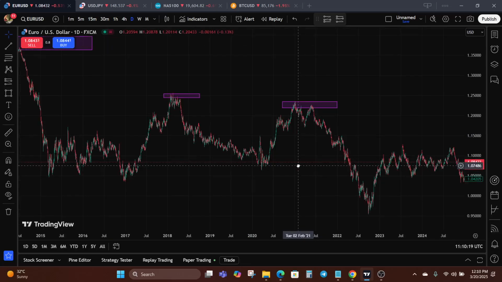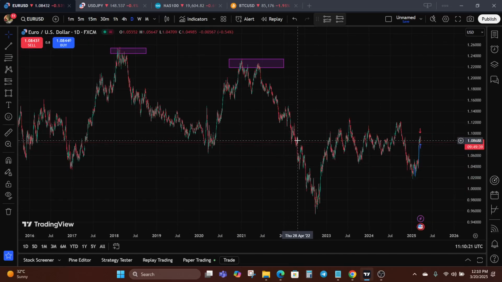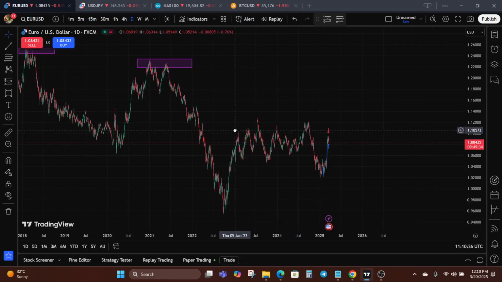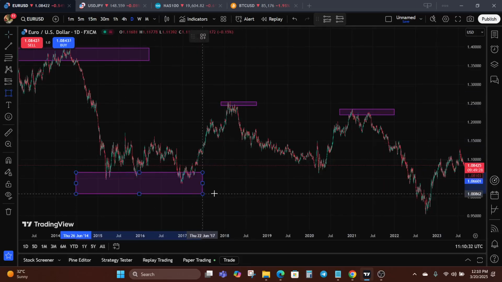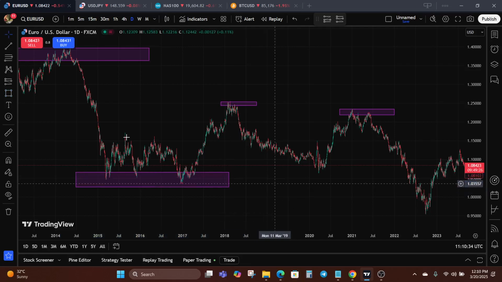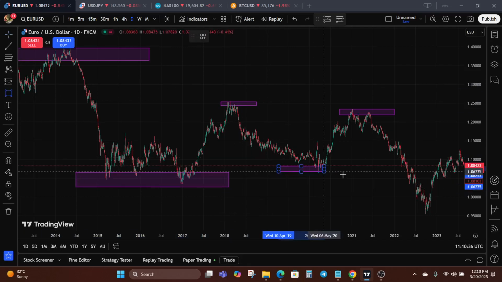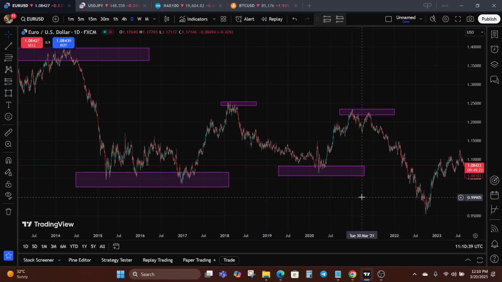On the other hand, demand zones, which are support zones, are areas where price has dropped significantly but then bounced back up, right? Price dropped significantly and then bounced back up.